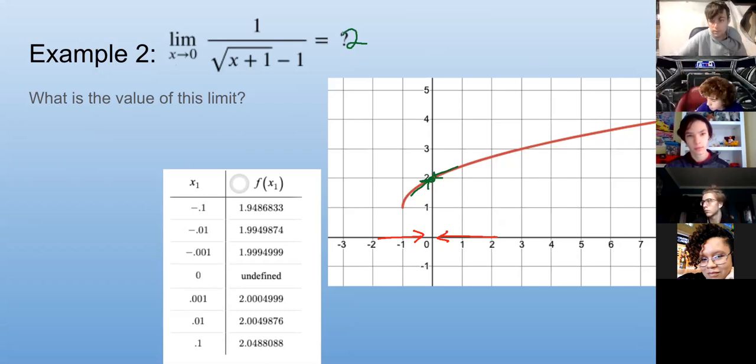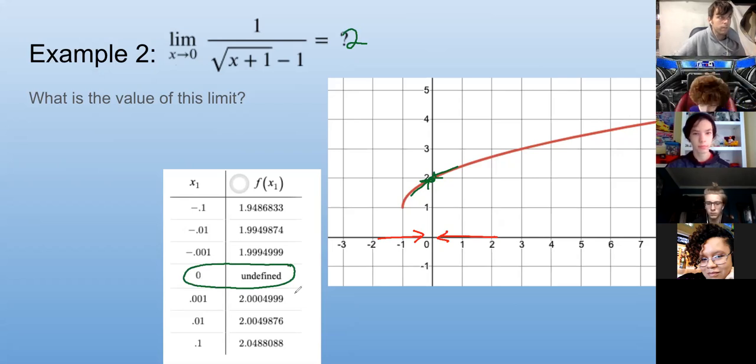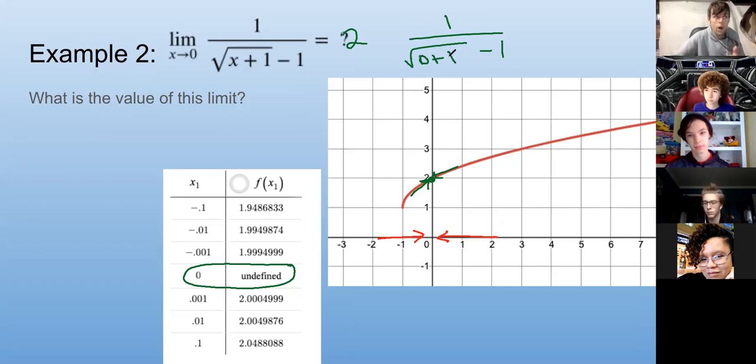However, there's a bit of an issue. If I plug in 0 into this function, it's actually undefined. If I put a 0 here, let me just do this real quick. If I put a 0 in there, 0 plus 1 plus 1. This becomes 1. The square root of 1 is 1.